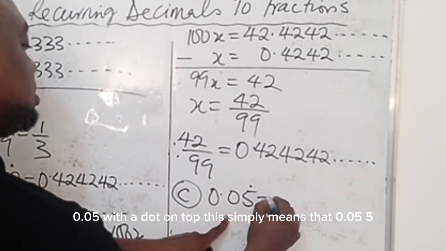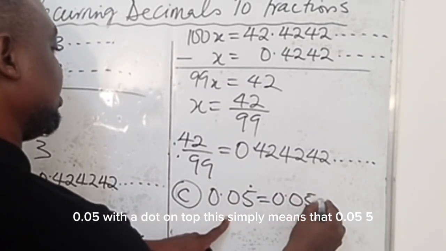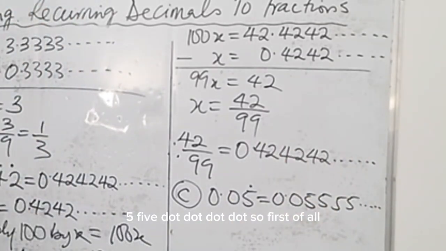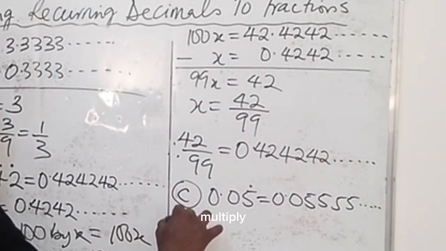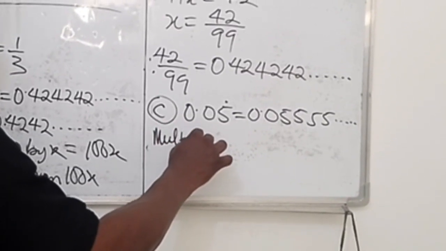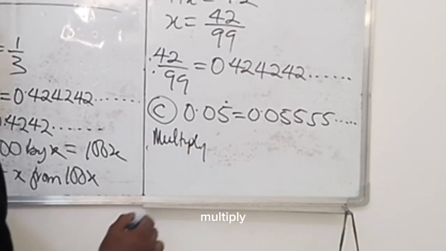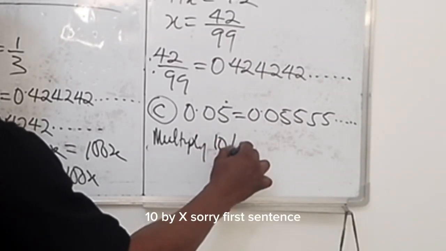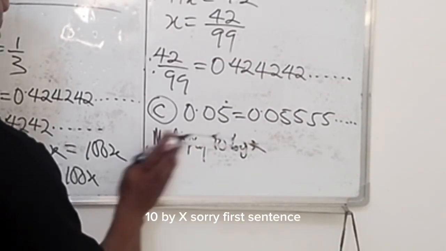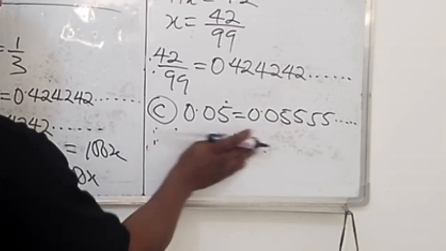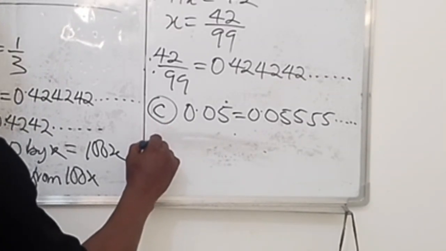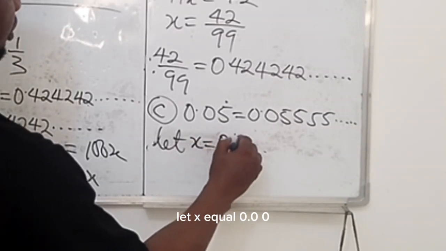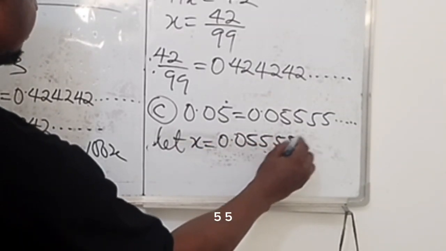This simply means 0.05555 dot dot dot. So first of all, let x equal 0.05555.